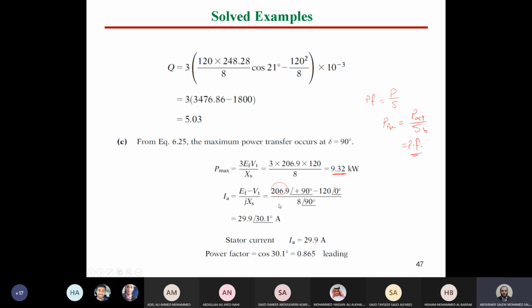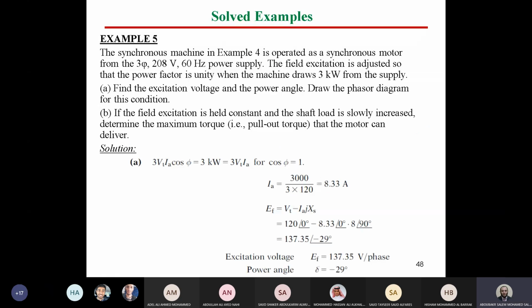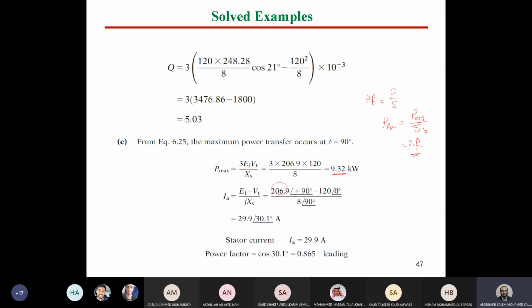Okay. The reactive power can be calculated in the same way. However, it's missed here in this part of the problem. So we can say, guys, Q equals, similar to the other calculations we already did before, 3 multiplied by V phase, which is 120, multiplied by the current, which is 29.9, multiplied by sine of the angle of power factor, which is 30.1.